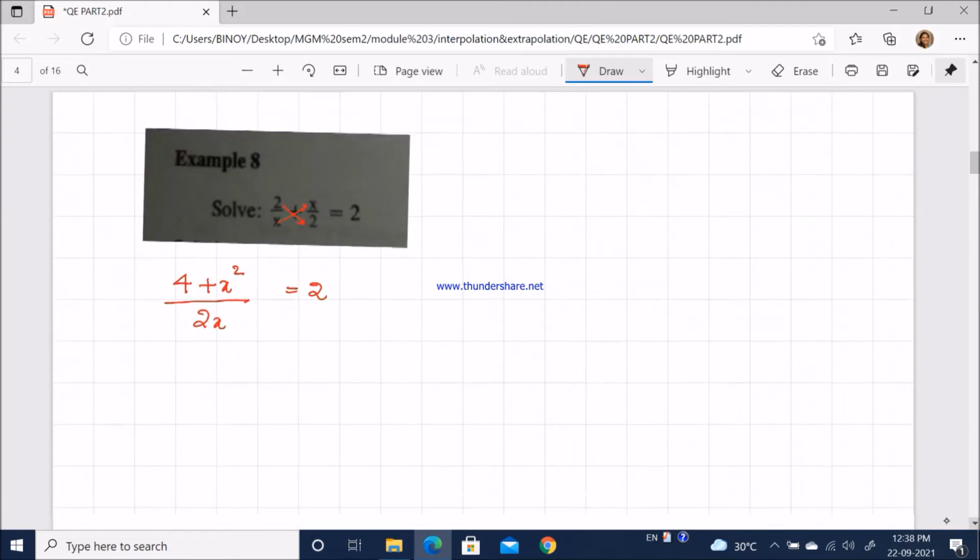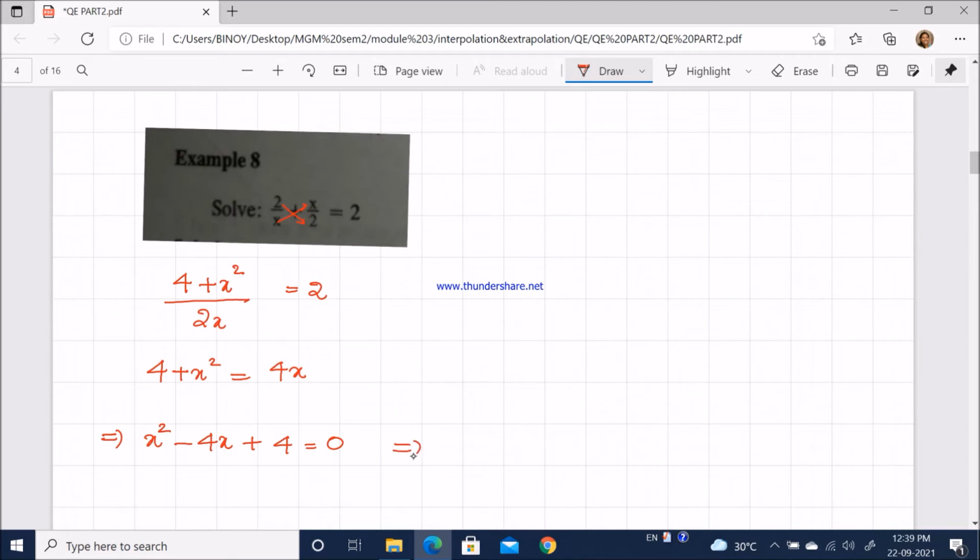So we can rewrite the equation as 4 plus x square equals 4x, which implies x square minus 4x plus 4 equals 0.